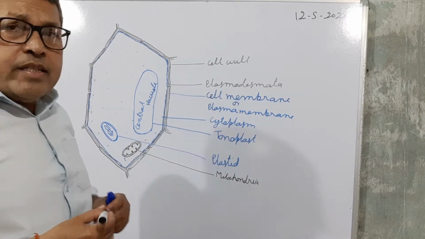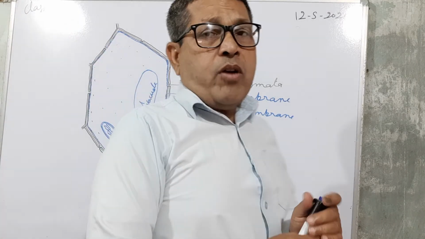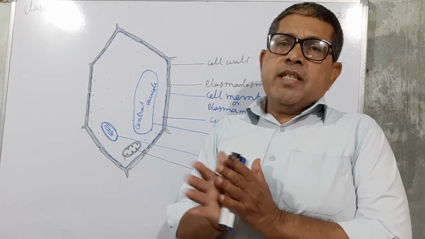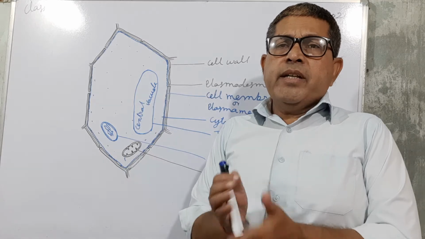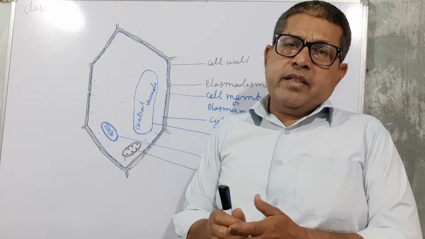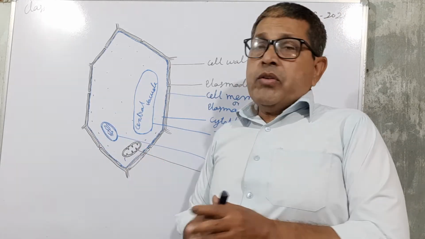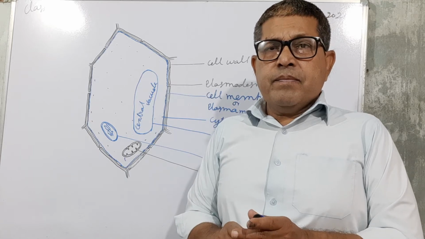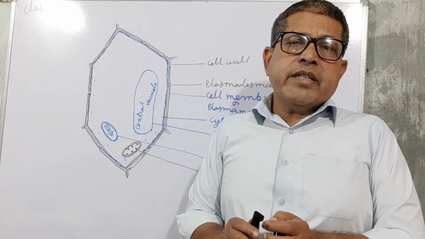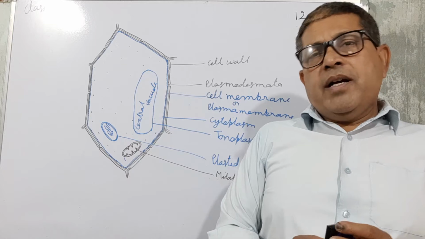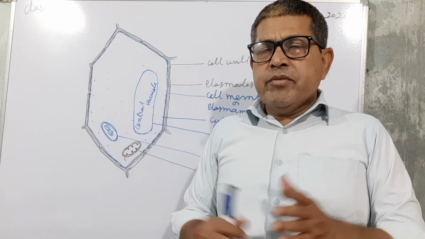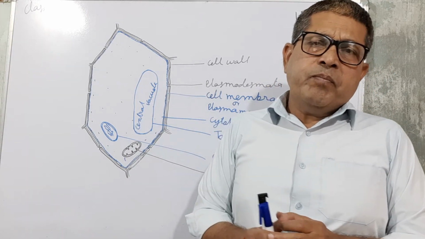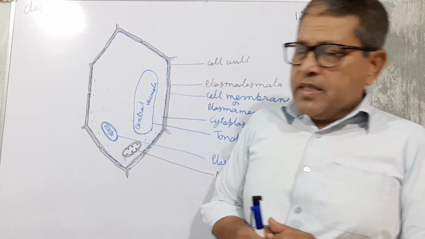This mitochondria is commonly called the powerhouse of the cell. It is found in both the plant cell and the animal cell. In the mitochondria, energy is produced in the form of ATP, which is used for different purposes by the cell.